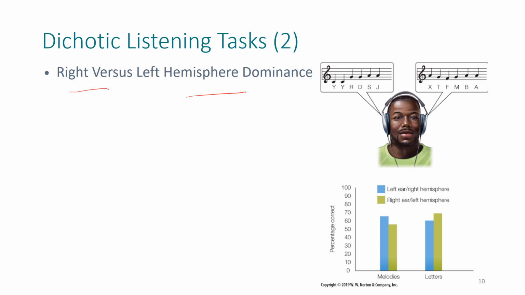Participants listen to the dichotic message in which each ear was presented with a series of letters sung to short melodies. When given a recognition memory test, participants were more accurate on the letter task for stimuli heard in the right ear. In contrast, a left ear advantage was observed when the participants were tested on the melodies.